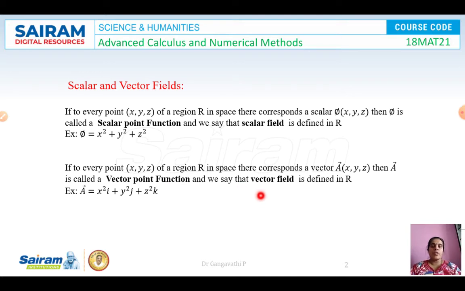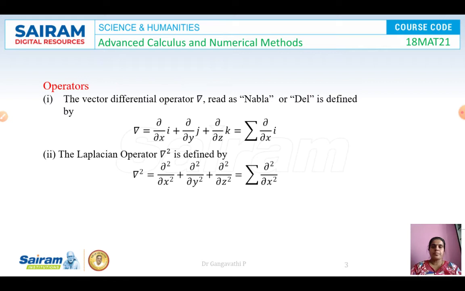In other words, it is also called a vector field, and this vector field is defined in the region R. For example, here you can see i, j, k. i is always taken in the direction of the x-axis, j in the direction of the y-axis, and k in the direction of the z-axis. So a function which connects x, y, z along with the directions is called a vector point function, and we also call it a vector field.